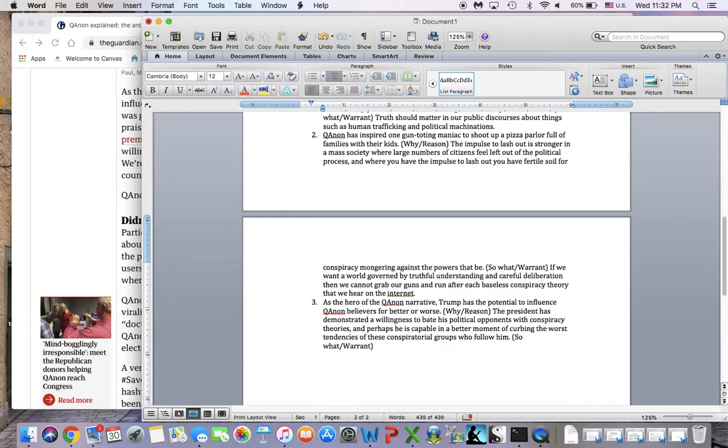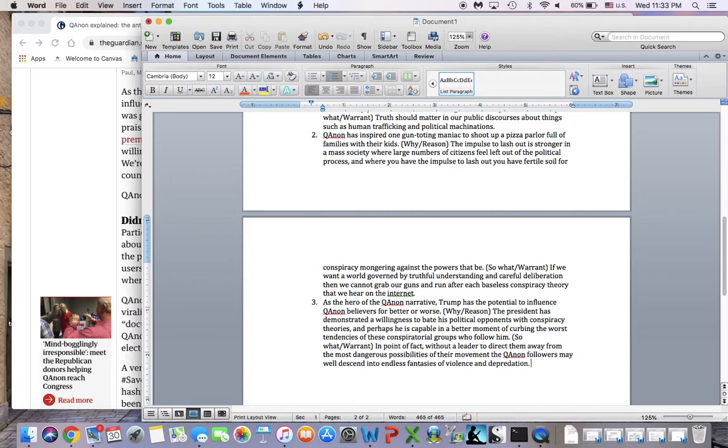So maybe the big so what here is, in point of fact, without a leader to direct them away from the most dangerous possibilities of their movement, the QAnon followers may well descend into endless fantasies of violence and depredation.